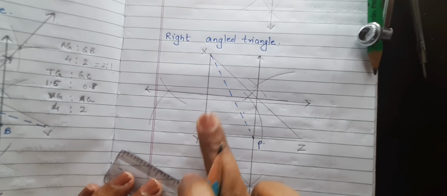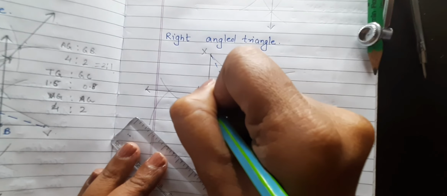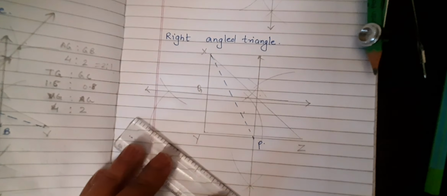Now XY is the side, the opposite vertex is Z. So I'll name this as Q. Okay.